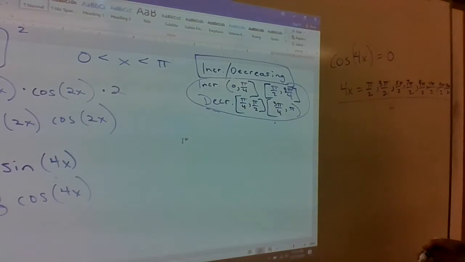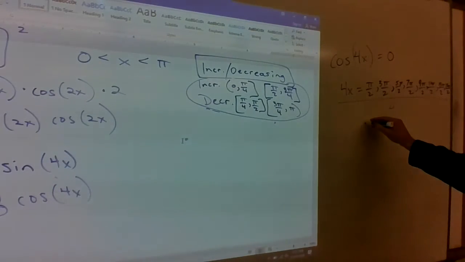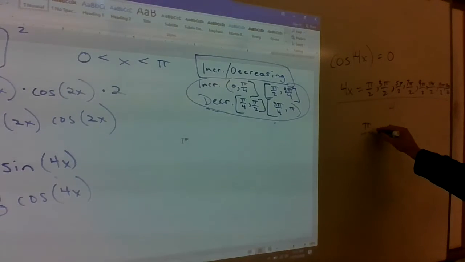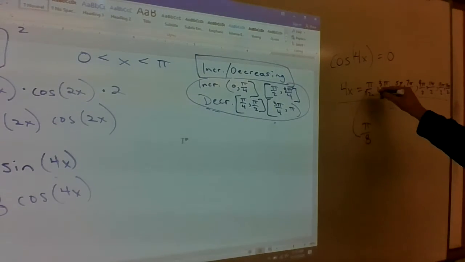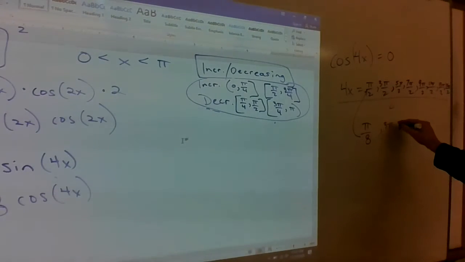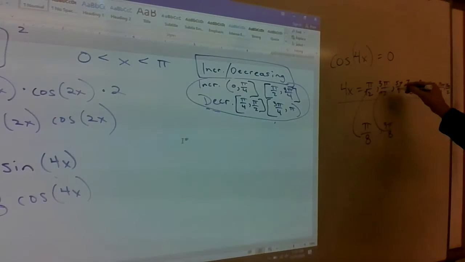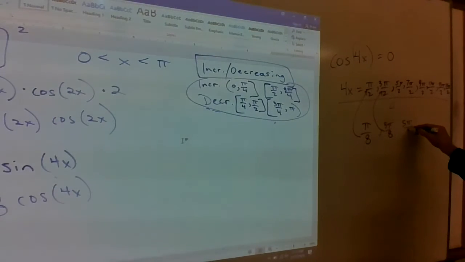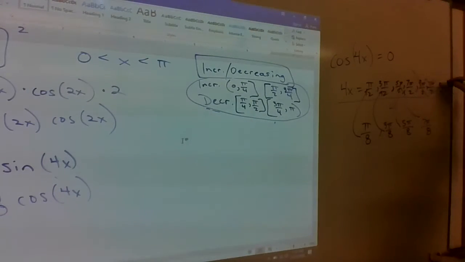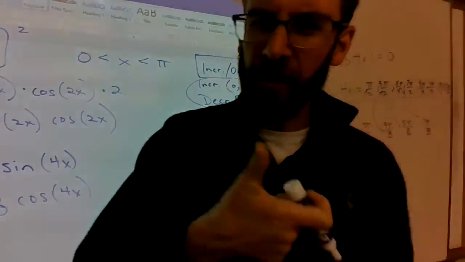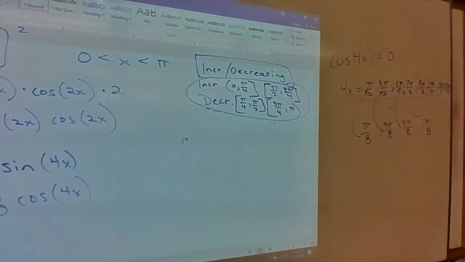Here's the thing, though. You're going to get pi over 8 right here, 3 pi over 8 there, 5 pi over 8 here, and 7 pi over 8 there. Everybody else is out of bounds. They're all going to be bigger than pi.